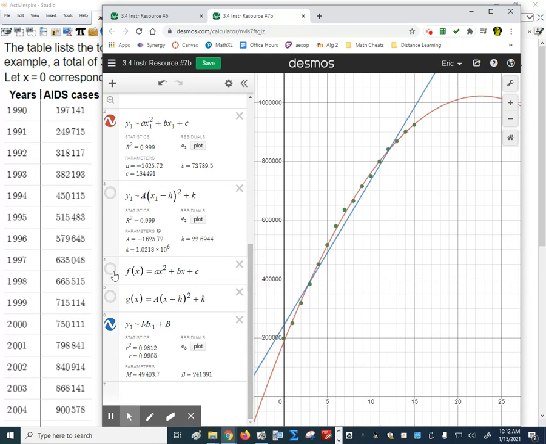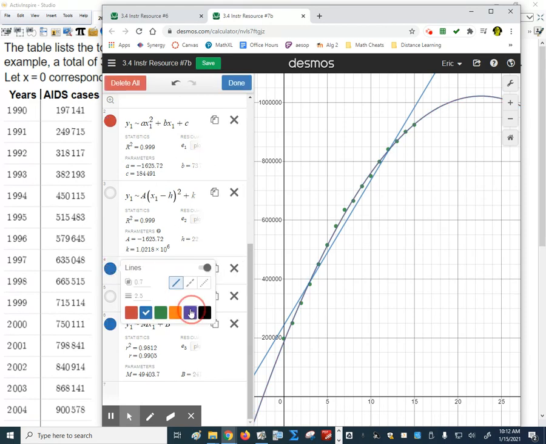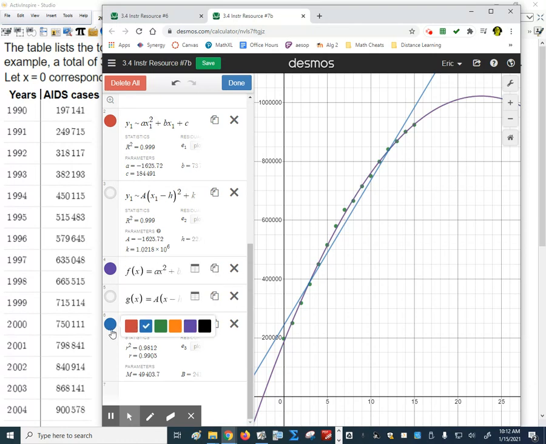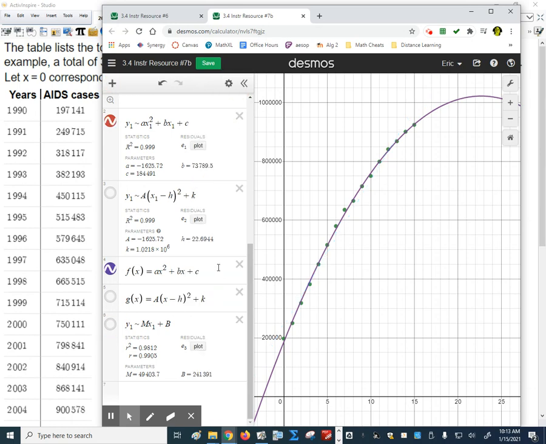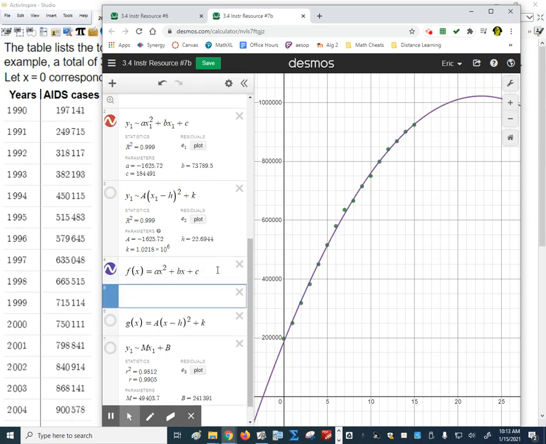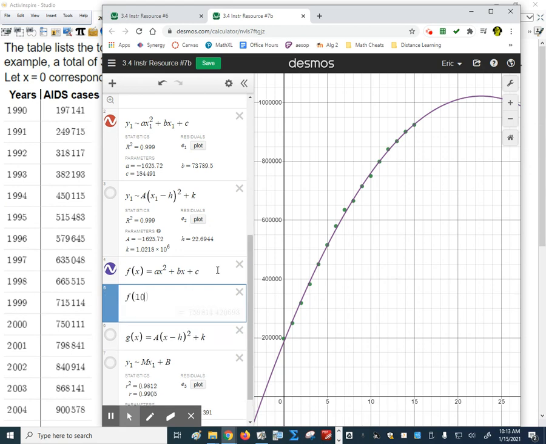I could use the parameters for my quadratic fit to create a function. So here's my function, my purple function. Then I could evaluate that function at 10. And look what I get.